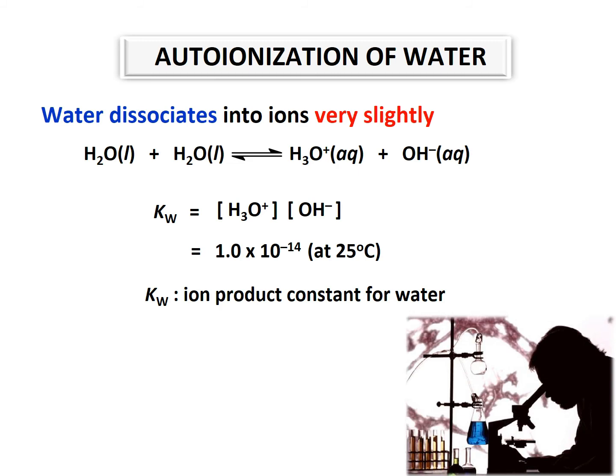Kw has a value of 1 times 10 to the power of negative 14 at 25 degrees Celsius. In pure water, the concentration of hydronium ions or hydrogen ions equals the concentration of hydroxide ions and therefore has a concentration of 1 times 10 to the power of negative 7 molar.